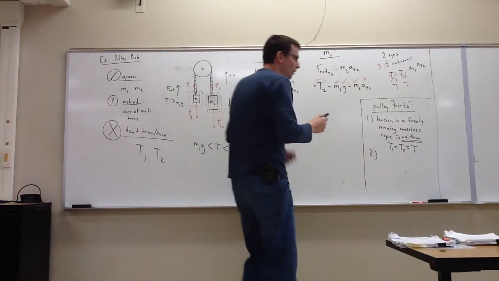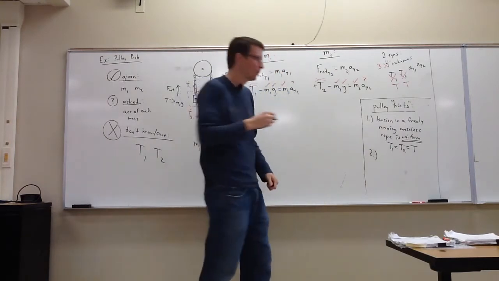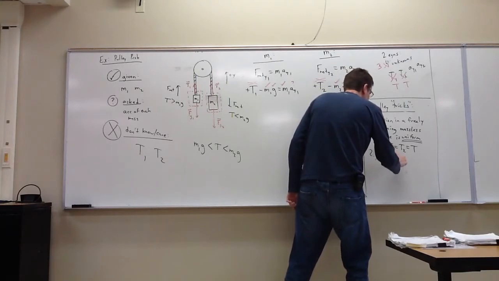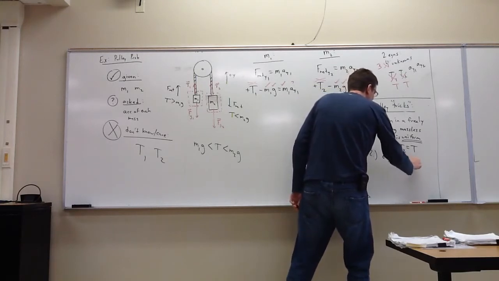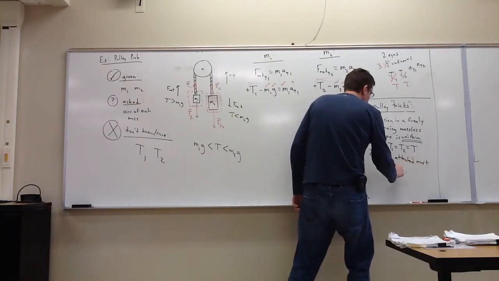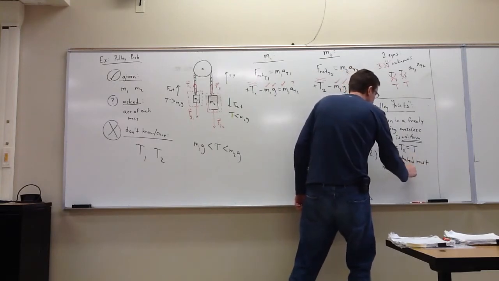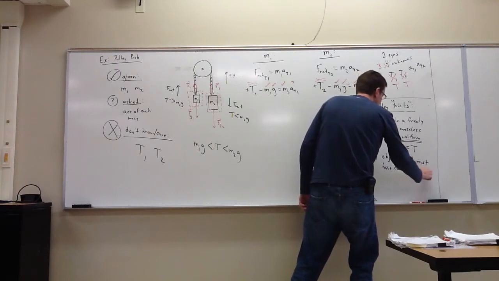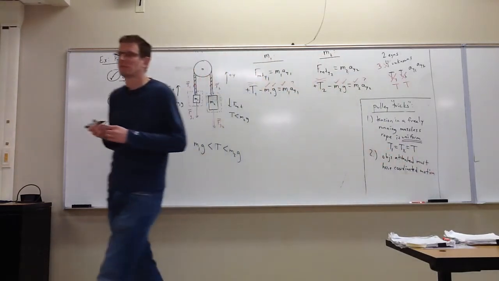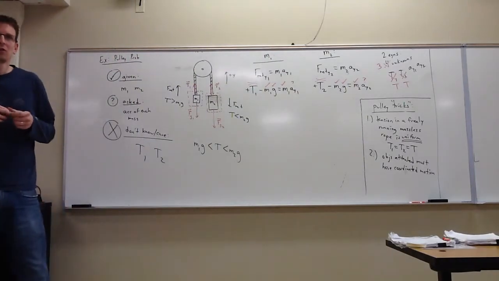So my second and final pulley trick, which is very useful, is that objects that are attached must have coordinated motion. So you can't just assume they move and do whatever they want independently.